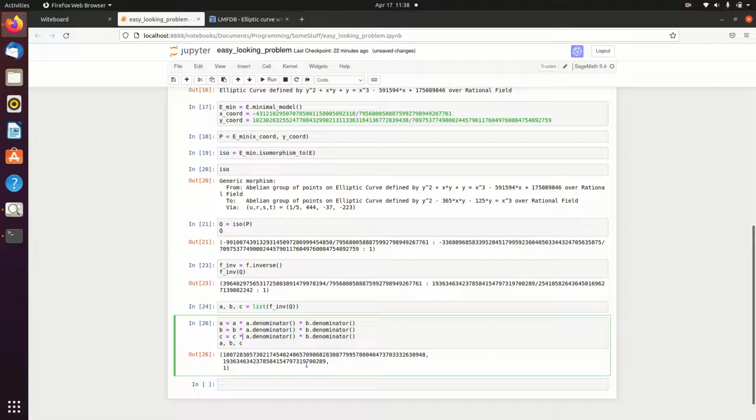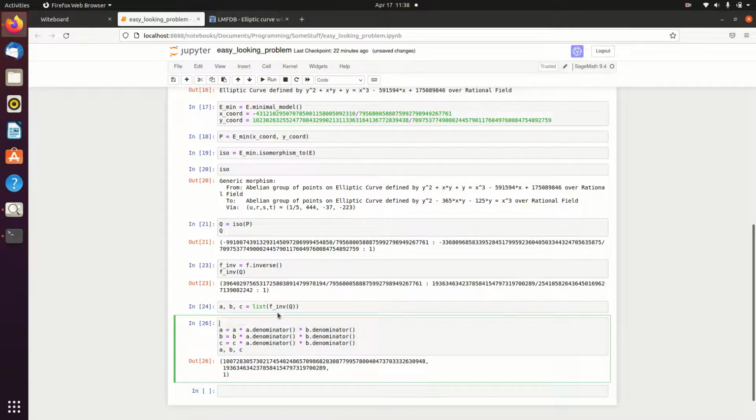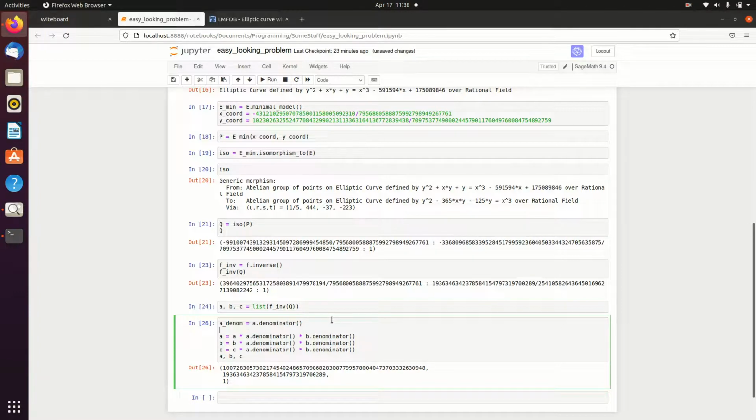What happened here? Oh, yeah, sure. That was a bad mistake, that was a programming mistake. I changed A, and then I used the denominator of the no longer existing denominator of A, so that's bad, but we can easily fix this.